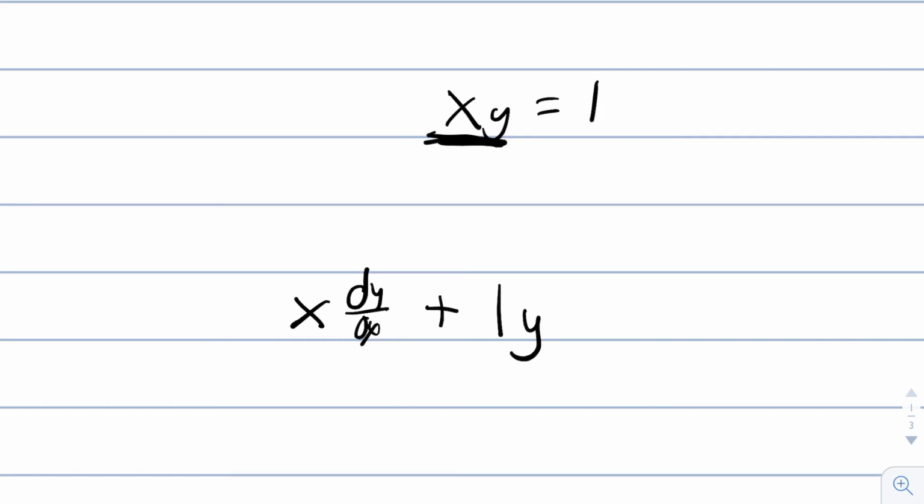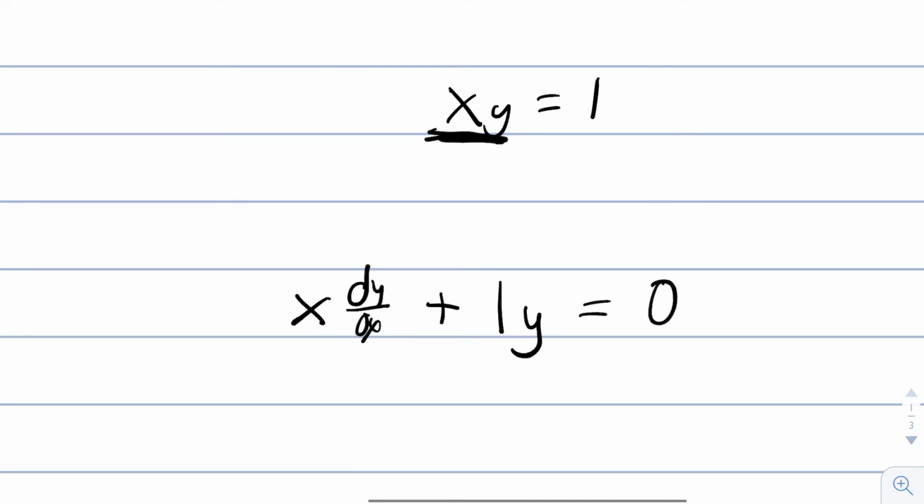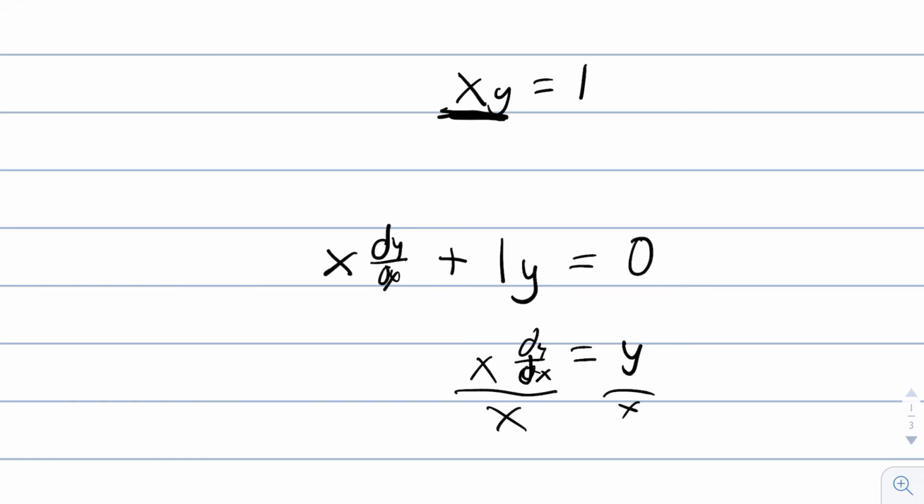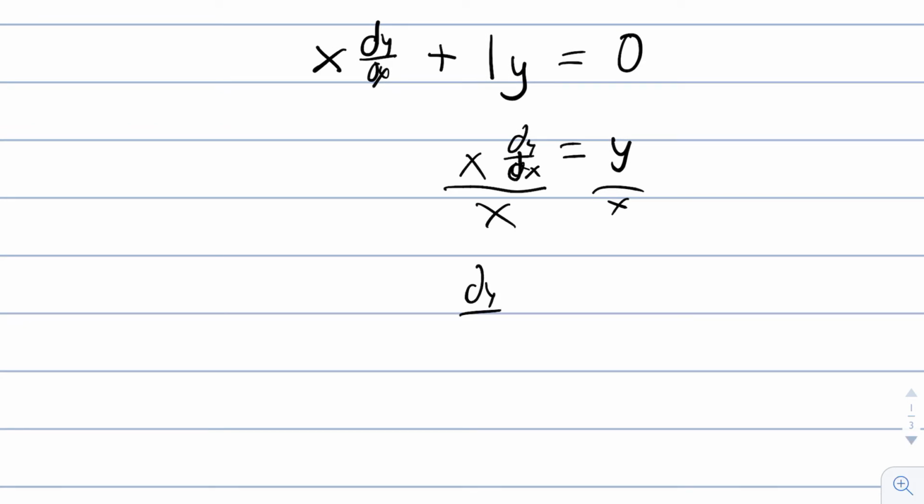We can just write y equals 0. Alright, so now we're going to subtract y over, so we get y equals x dy/dx. And dy/dx is just y prime. So why don't we just juggle it over, divide, and we get dy/dx equals y over x.